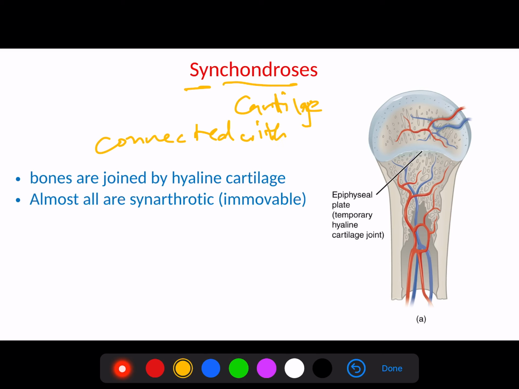Here the bones are connected by hyaline cartilage, and all of these synchondroses are immovable. So they don't allow any type of movement between the bones. An example is the epiphyseal plate. This is a type of joint since it's connecting two different bones together. So this is the synchondrosis.